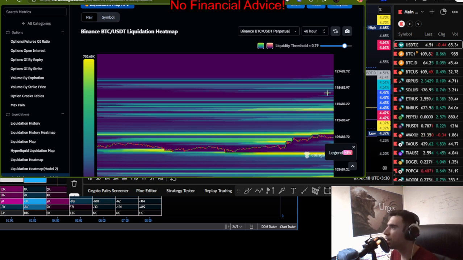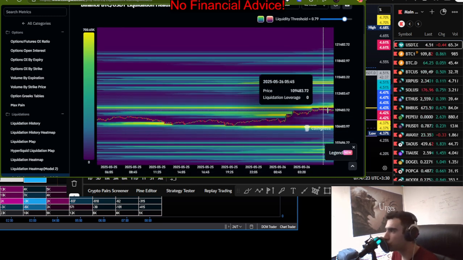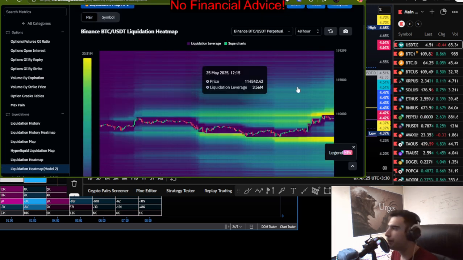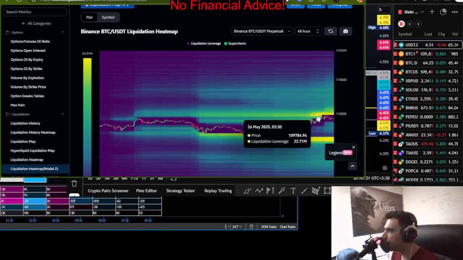So I'm trying to show you guys the past 48 hours, meaning over the weekend, a lot of people are shorting, right? Again, if you take a look at this, this is model number 2 over the weekend. We could see that the clusters are getting brighter from the 26th around 2 a.m., and the 26th is basically today, right?